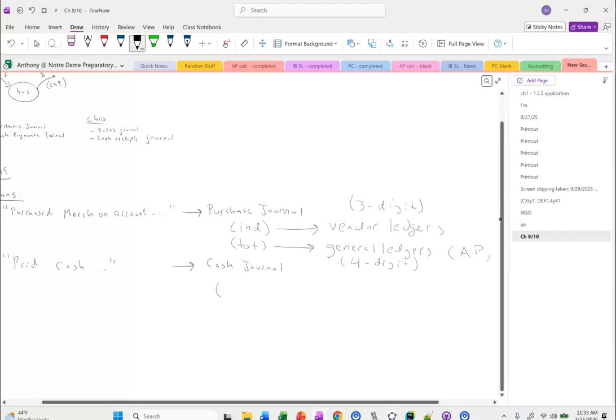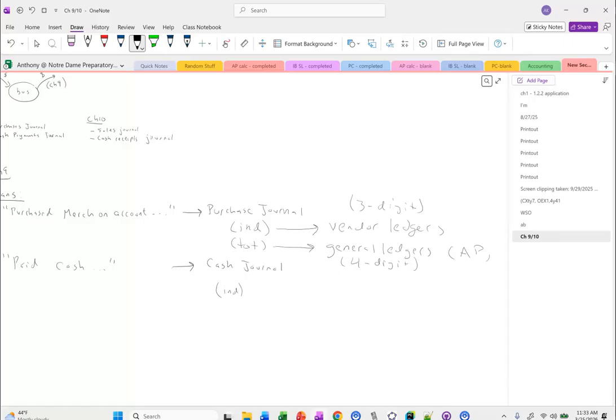In the cash journal, again, we record individual transactions, and those go to the vendor accounts or vendor ledgers, and into the purchases ledger, depending on what the transaction was.